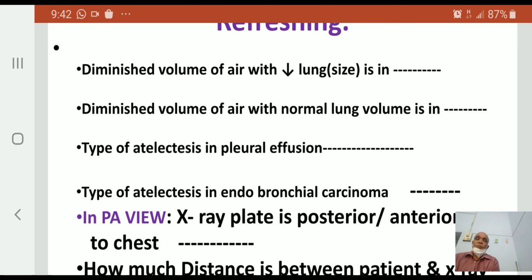And last but not least, how much distance is there between the patient and the X-ray beam? Student answers: 5 meter, 3 meter, 2 meter. Yes, 2 meter is the correct answer.